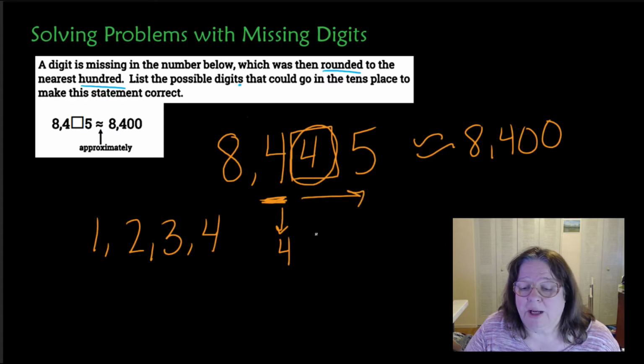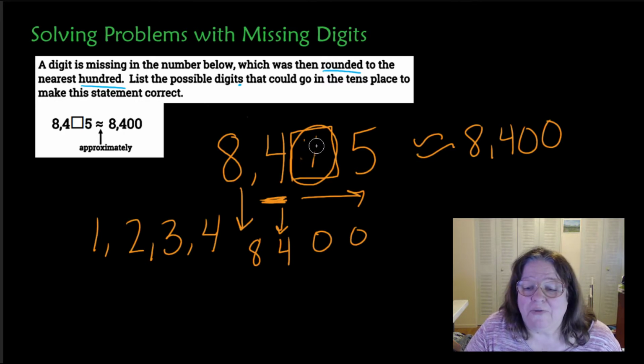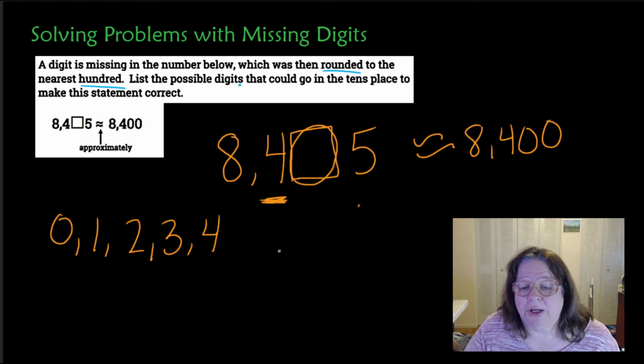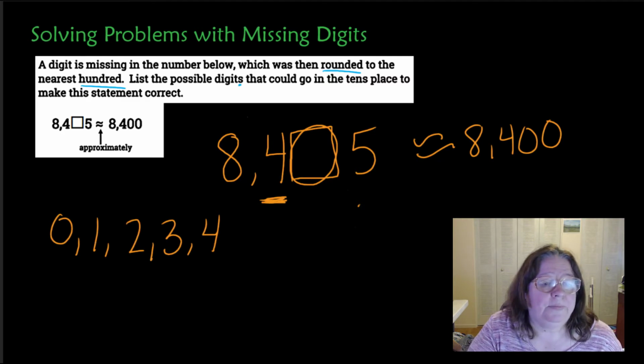Everything after it becomes zeros, and then we need to make sure we drop that 8 down. Okay, so 4 definitely works. Well, if 4 works, 3, 2, and 1, and even 0 would also work because they are all less than 5. So we actually have 5 answers to this problem.